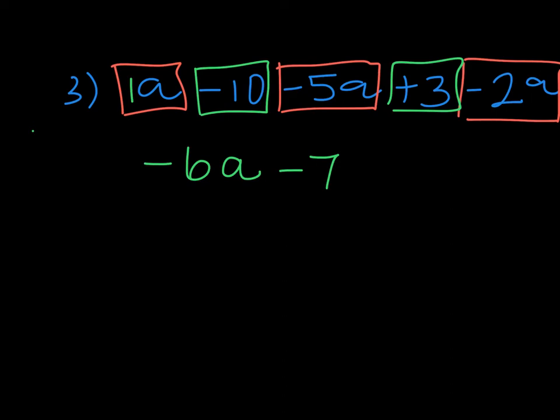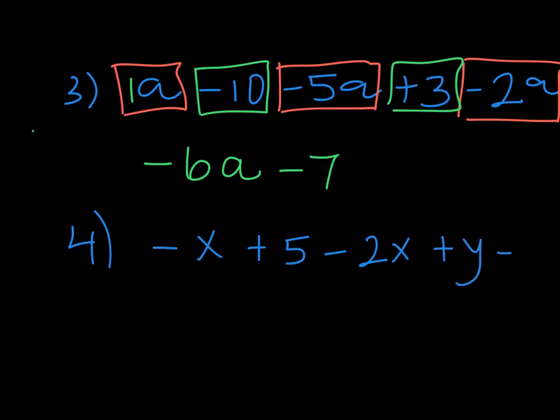All right, and one more problem to look at. Let's say negative x plus 5 minus 2x plus y minus 7. All right, so let's go ahead and box in our like terms.